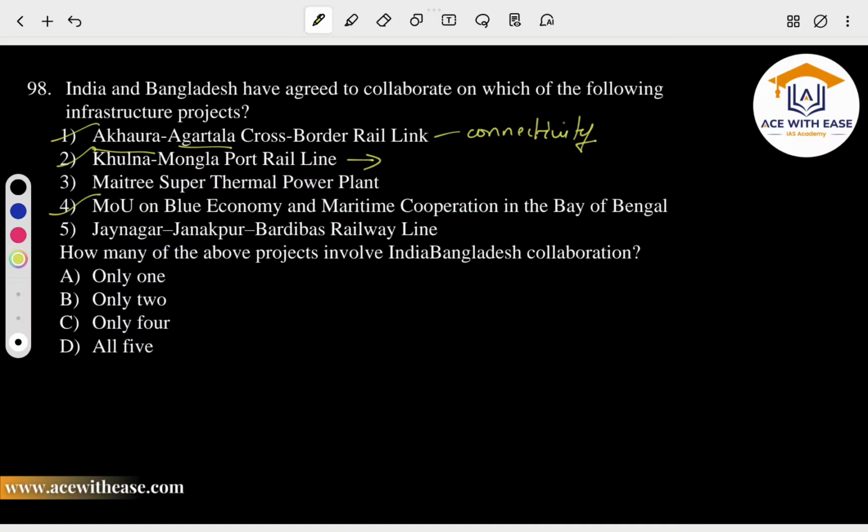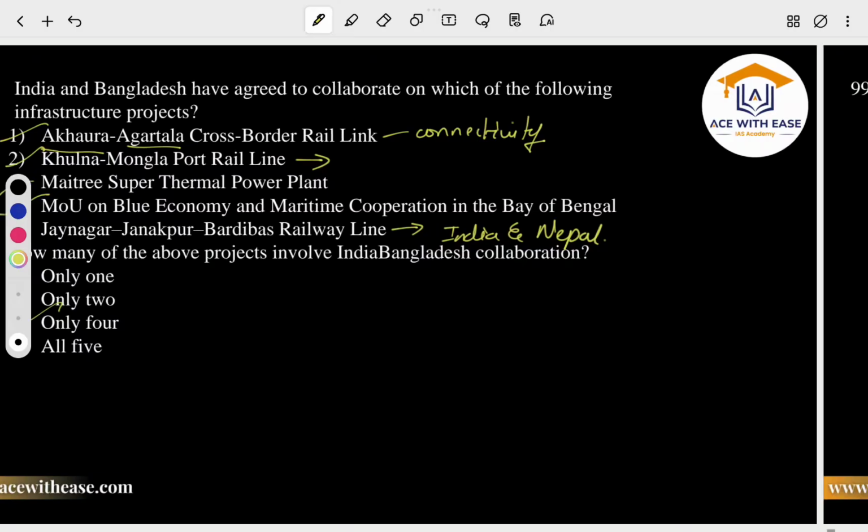Then Jayanagar, Janakpur, Bardibas railway line. No, it is not between India and Bangladesh, but between India and Nepal. So here only four are considered collaborations between India and Bangladesh.